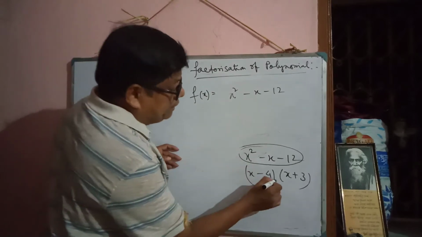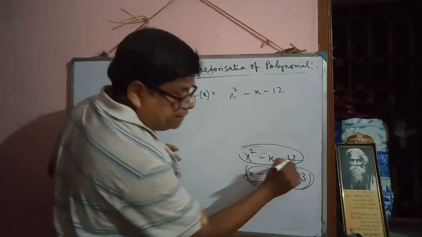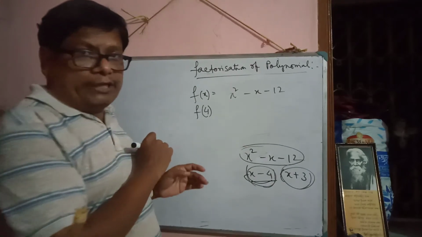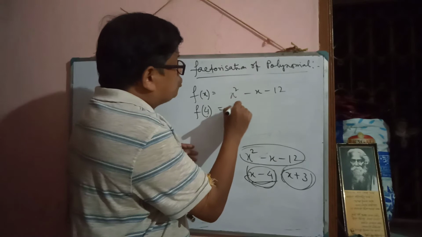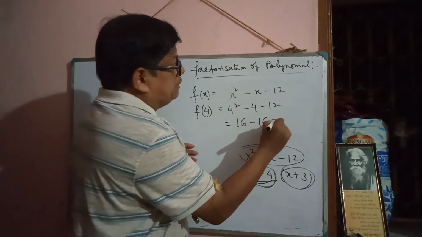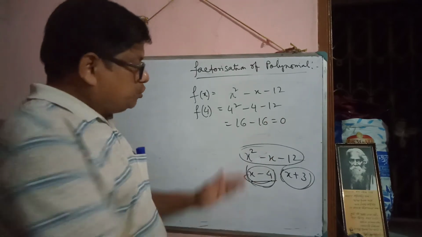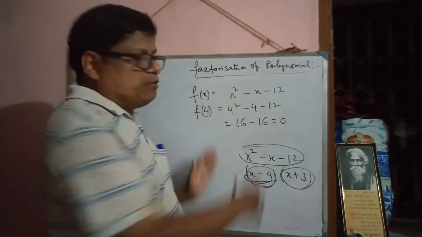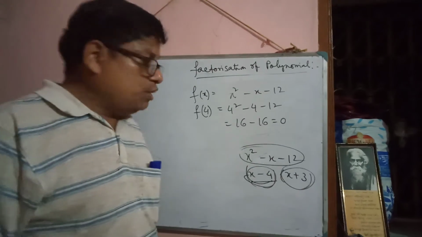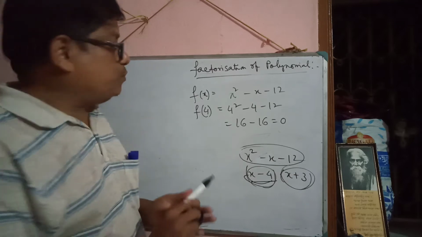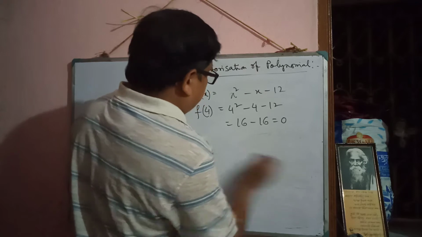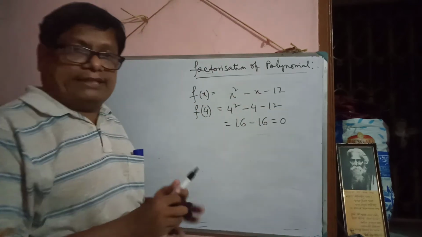Now if we put x equal to 4, it will be 4 square minus 4 minus 12. See, 16 minus 16 will be 0. The given expression vanishes with the value x equal to 4. So we can say x minus 4 is a factor of x square minus x minus 12.